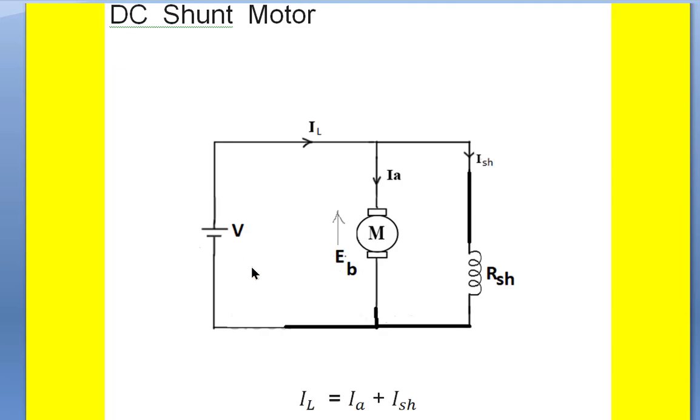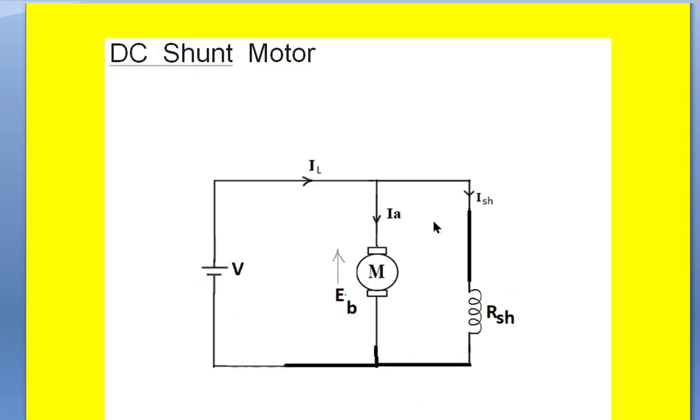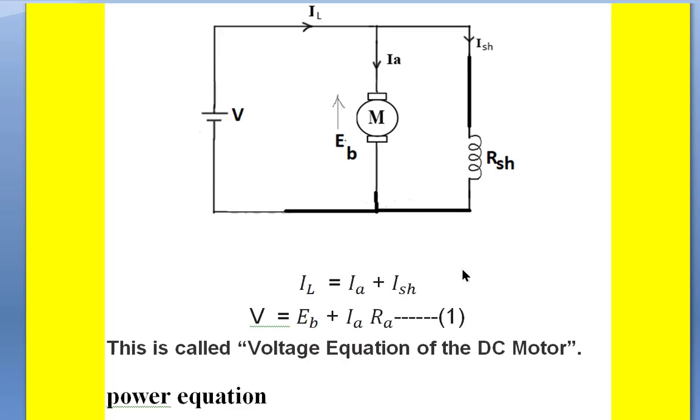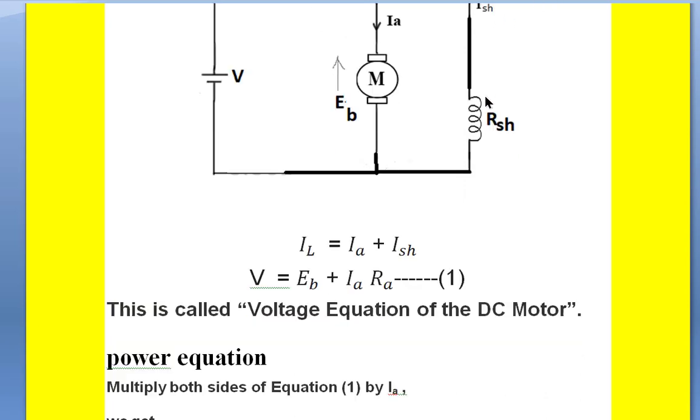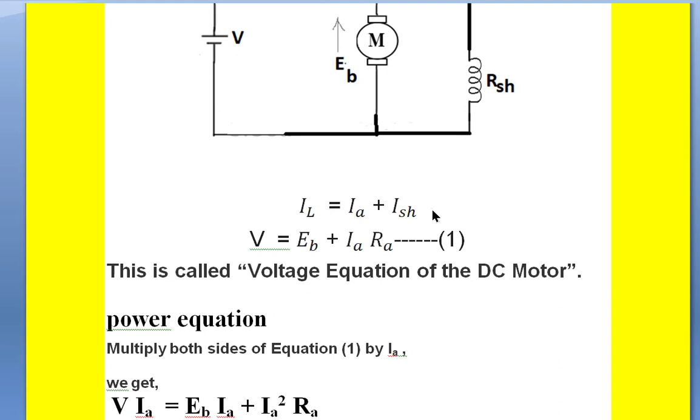Once the DC supply is given to the DC shunt motor, the armature of the motor produces a back EMF which opposes the applied voltage so that it draws less current from the DC supply. And from this circuit, using KCL, the input current is equal to the armature current plus the shunt field current, IA plus ISH.